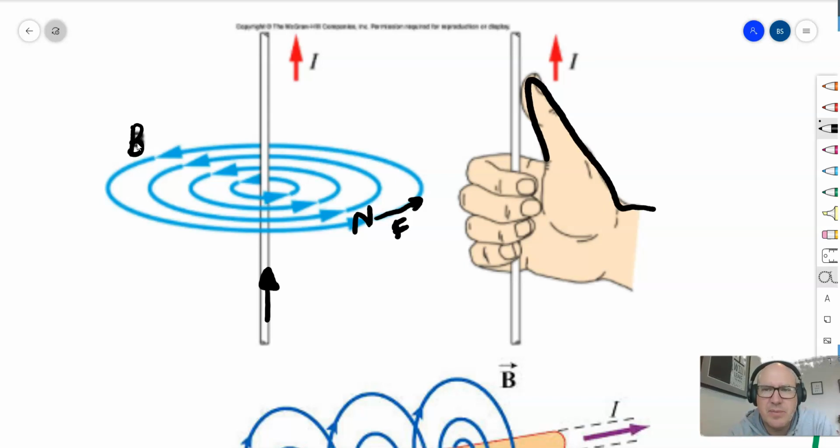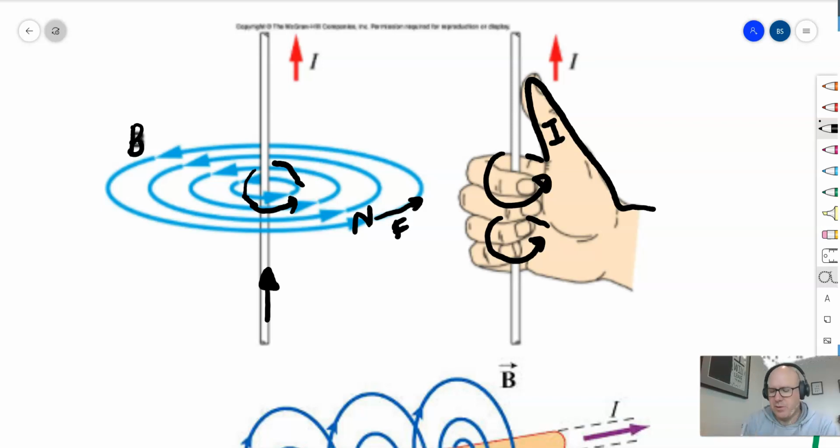So we put our thumb up in the direction of the current, and then we wrap our fingers around the wire in the direction of the magnetic field. In this case, we're going around the back of the wire and around the front, and that's what our fingers show. If the current goes the other way, then the magnetic field will go around the other way around the wire.